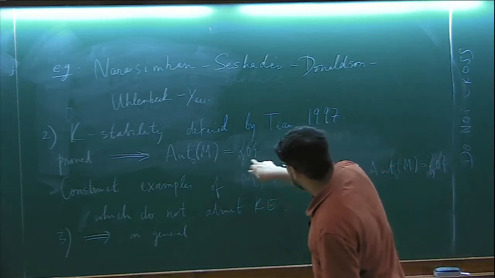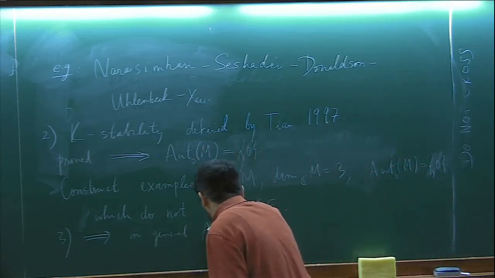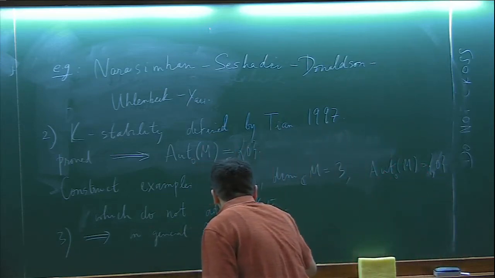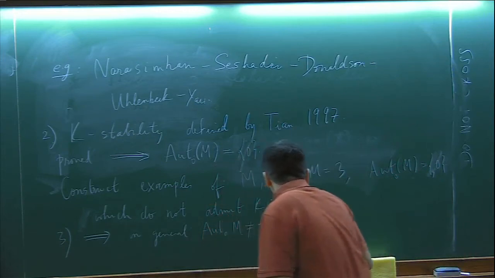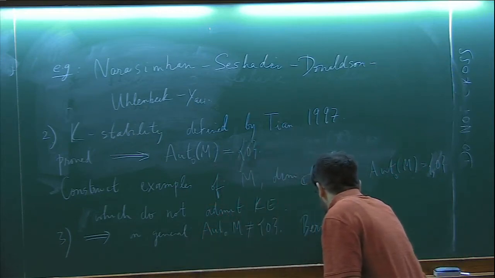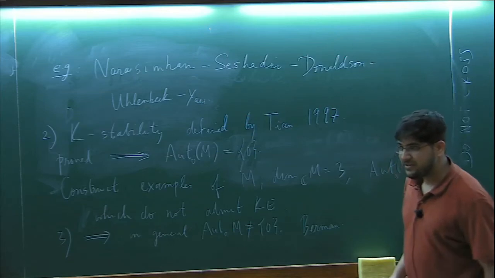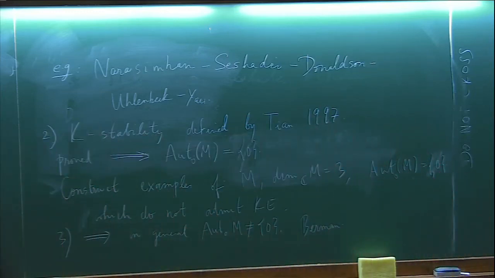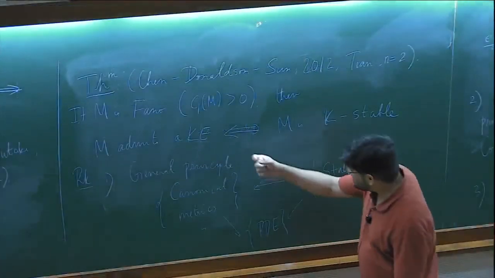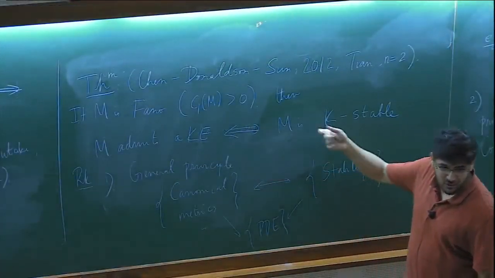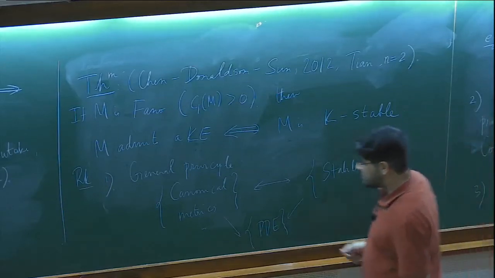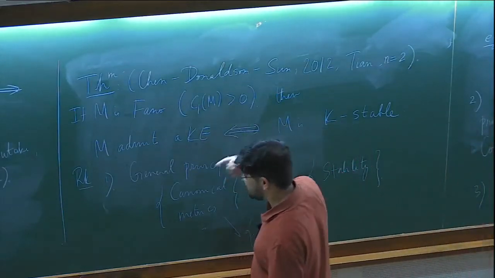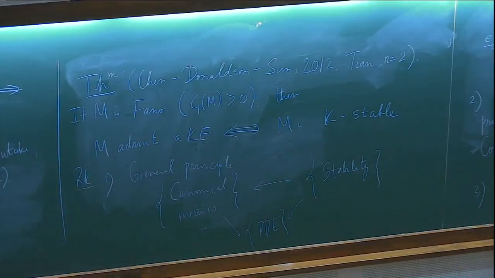In general, if the identity component is not trivial, this was done by Robert Berman. So one direction, the so-to-speak easy direction, which is actually not very easy at all, was already done before Chen-Donaldson-Sun. Their main theorem is the reverse implication, that this is in fact sufficient.